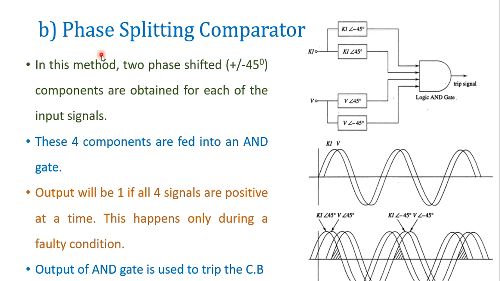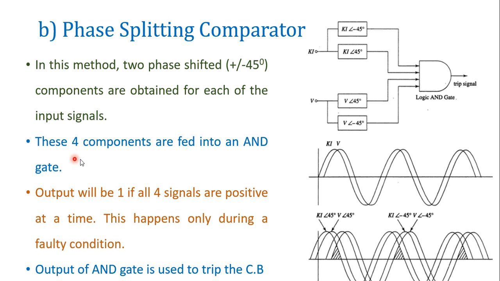Then next is the phase splitting comparator. In this method, two phase-shifted signals are given. If current and voltage signals are there, the current signal is multiplied by a particular constant to get an input to the AND gate, and it is phase shifted by plus 45 and minus 45 degrees. The voltage signal is also phase shifted by plus 45 and minus 45.